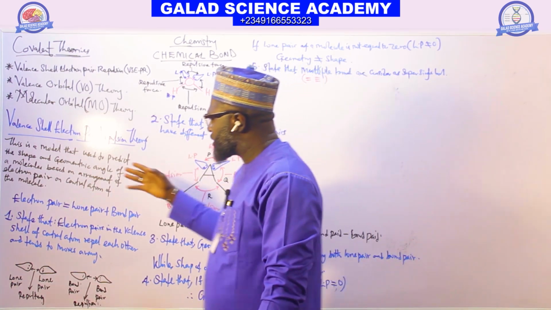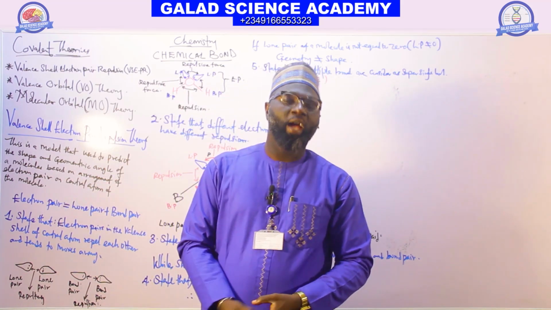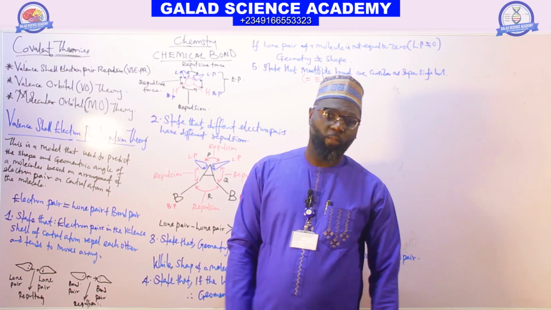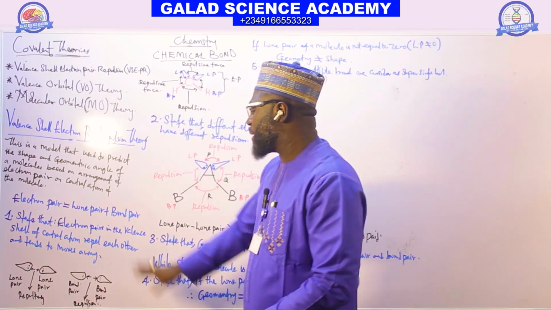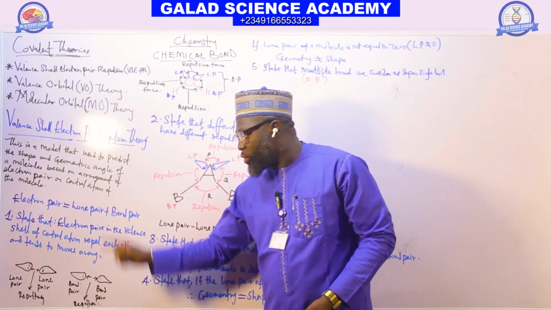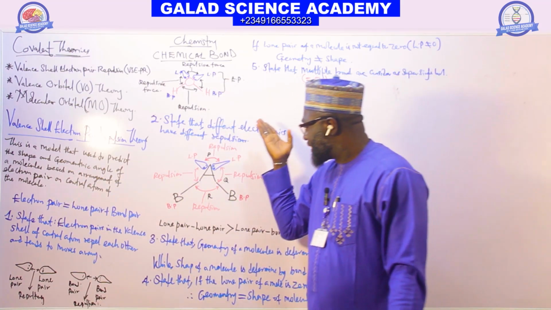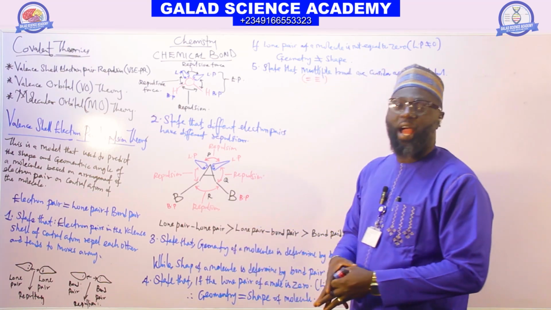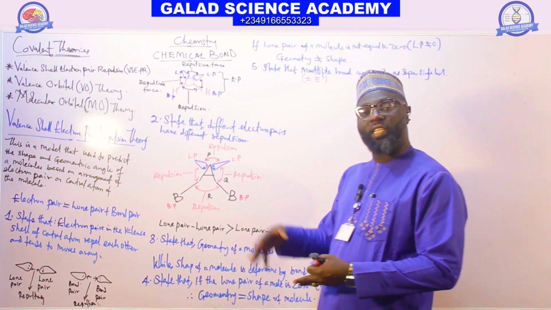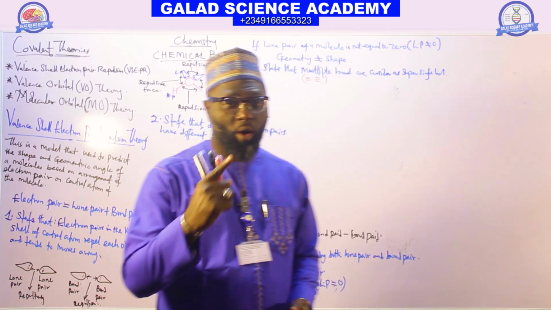That is all about the valence shell electron pair repulsion theory, VSEPR, which is the theory that we use to predict the geometry and the shape of a molecule, with the aid of 5 basic rules. Electrons in a valence shell always repel each other and move away from each other. 2, different electron pairs have different repulsion. 3, geometry is determined by bond pair and lone pair, while the shape is determined by only bond pair.